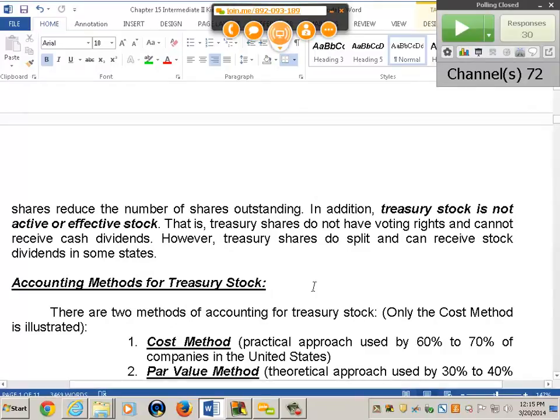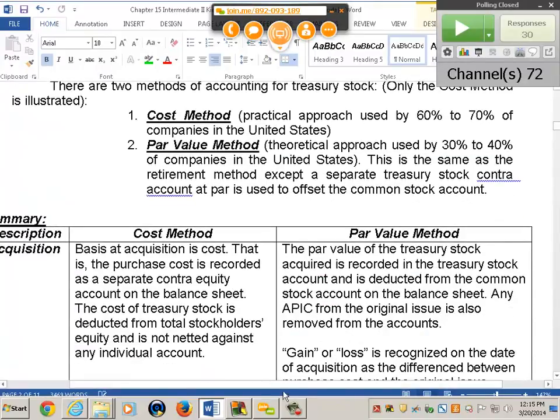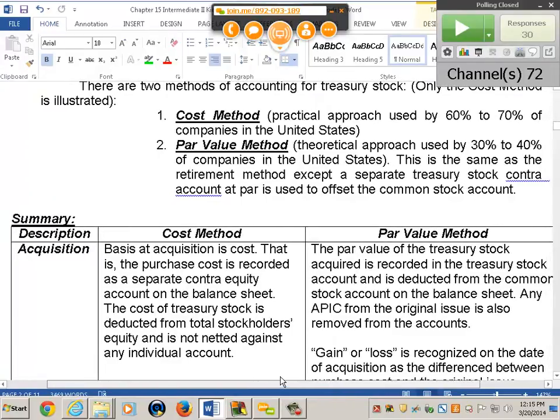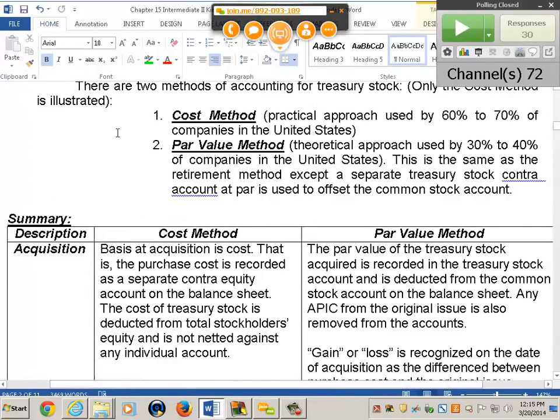Now, when you look at, and I'm just going to go through this with you, just basics of the two methods, and the reason why I want to do this is to really set up the accounting. I'm going to tell you that for us, in terms of what I want you to be able to handle, will be the cost method and the retirement method, because as I said, par value and retirement are equivalent.